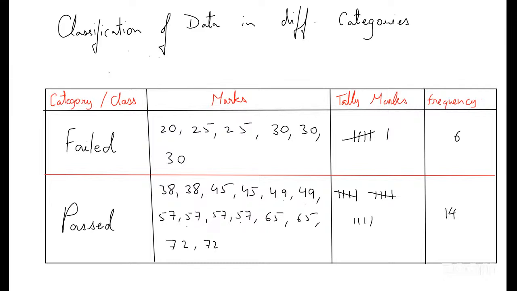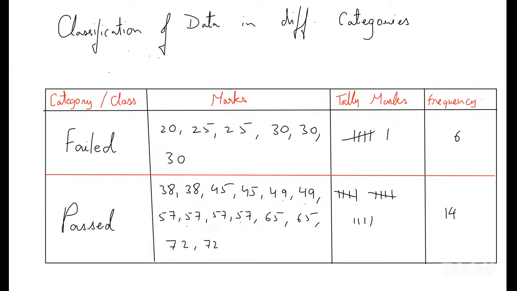Okay, so this is known as the classification of data in different categories. All that we have studied so far comes under statistics. What all did we study? Collection of data, presentation of data, and classification of data, which comes under drawing inference.